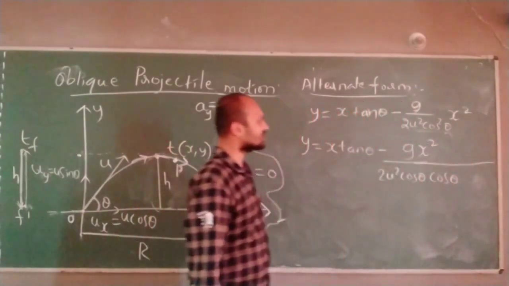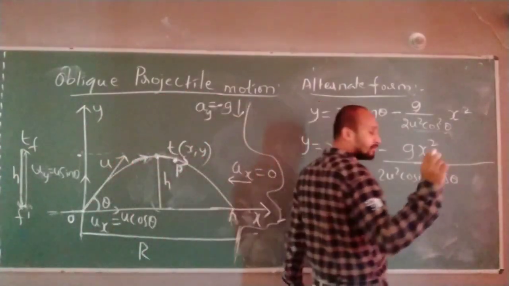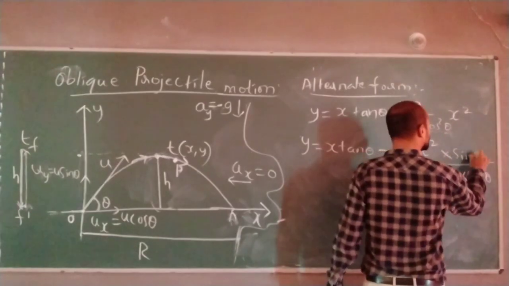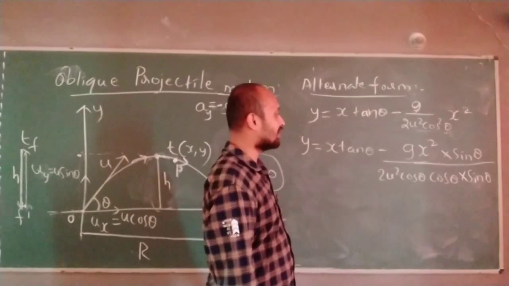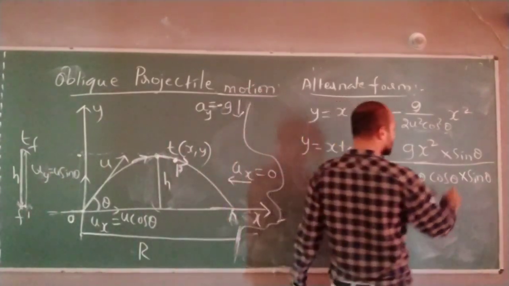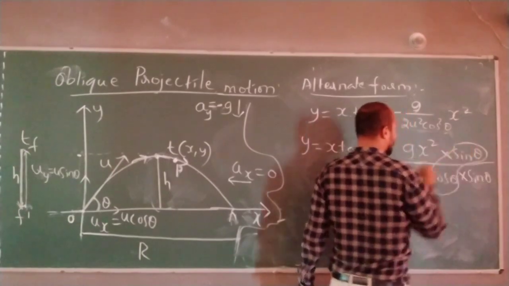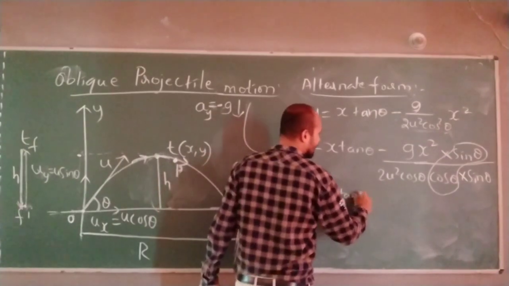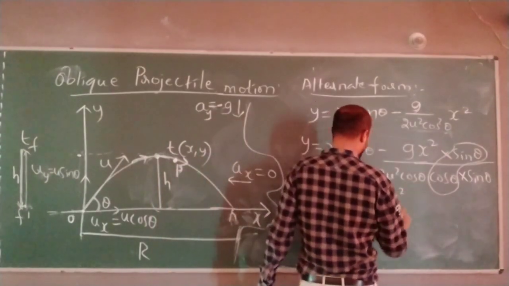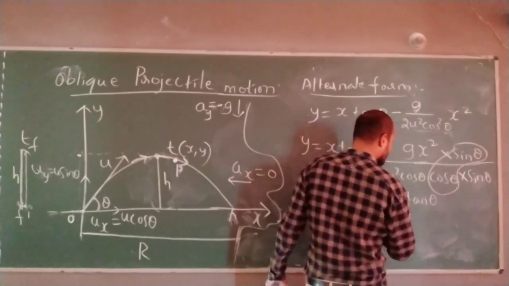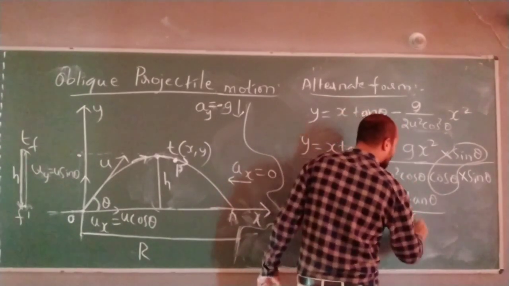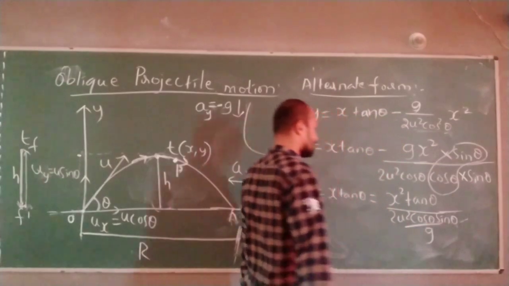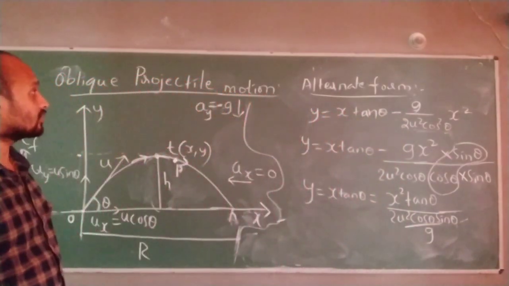One mathematical twist I will do: I will multiply here by sin theta, and here sin theta. If I multiply both sides by sin theta, this will become tan theta. Can I write this? Yes or no?